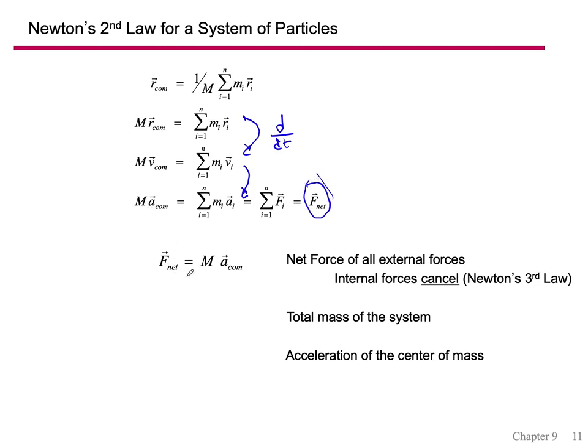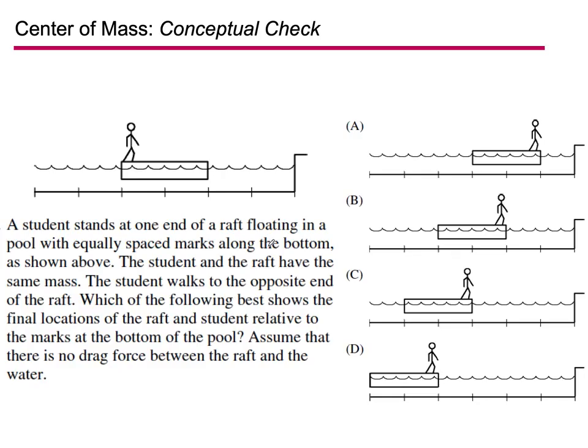So what's going to be true here? F net is equal to the mass times the acceleration of the center of mass. If there's no net force, the center of mass has no acceleration. It has to be a net external force. If there's only internal forces on the system, the center of mass does not accelerate.